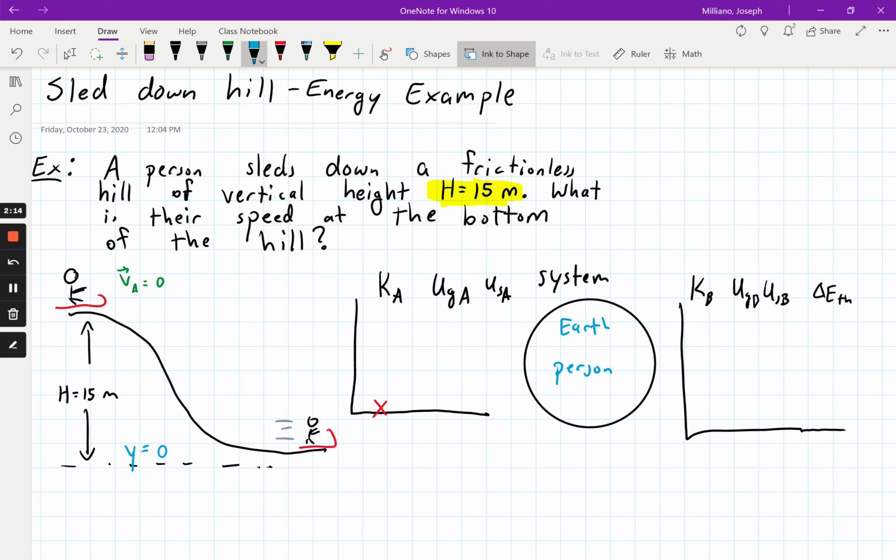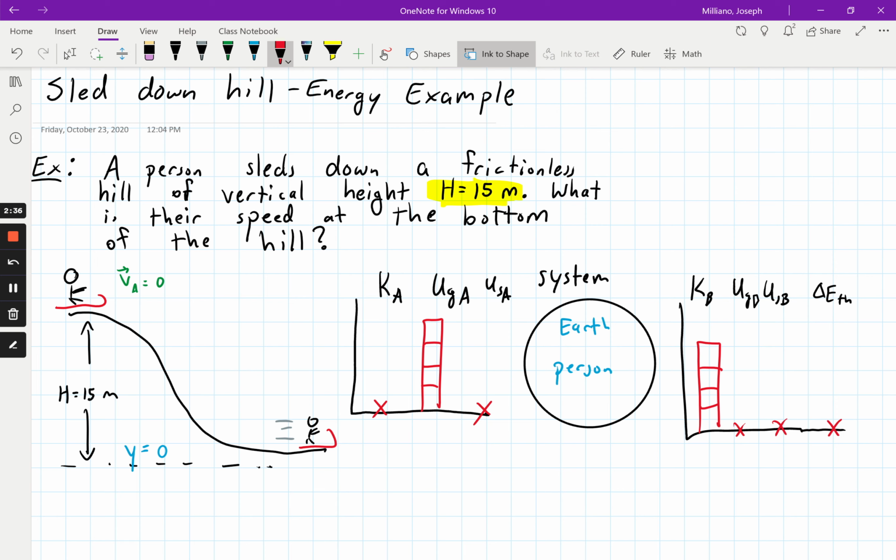And now I can meaningfully say that there is initially gravitational potential energy to start off, and there's no stretchy or compressy thing. There's nothing outside of the system, so there's no work being done to add energy into or out of the system. The person is moving in the final scenario, but they're at my reference height.